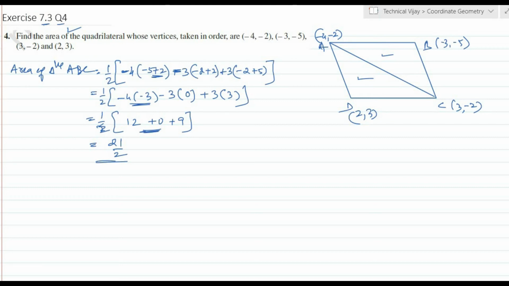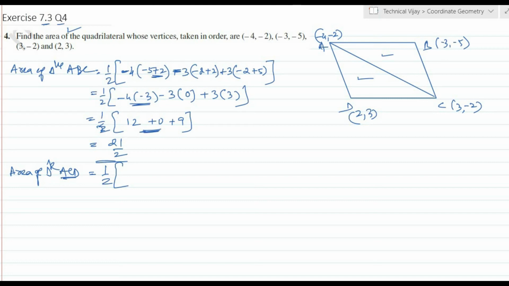Now the area of triangle ACD, which is equal to half of, here x1 y1, x2 y2, x3 y3.